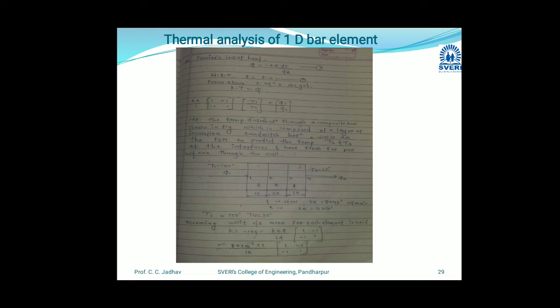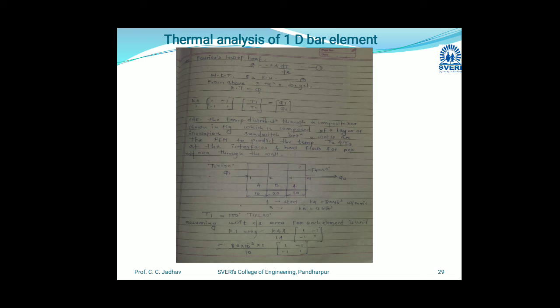So now you can see there is one composite wall, section A which is steel and section B which is insulation. The thermal conductivities for these two sections are given. For steel, 18 into 10 raised to minus 3 watt per mm degree centigrade, and for insulation the thermal conductivity is 4 into 10 raised to minus 3 watt per mm degree centigrade.